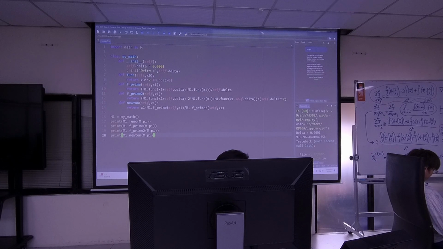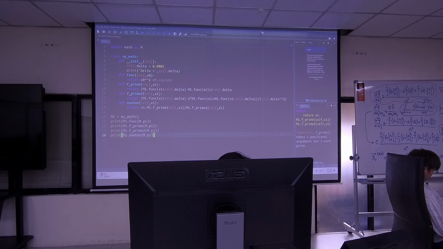So for x squared, the first derivative is going to be 2x, and the second derivative is going to be 2. So what does Newton's method do? Newton's method tries to find the minimum point of x squared. The minimum point of x squared is actually 0. When x equals 0, x squared is the smallest. That's what Newton's method does.